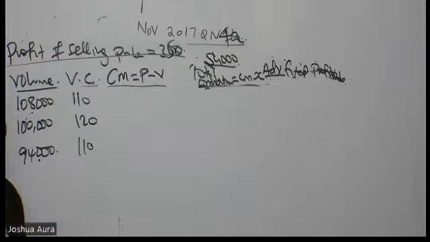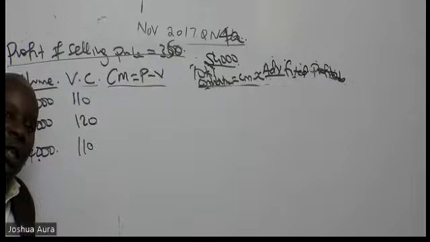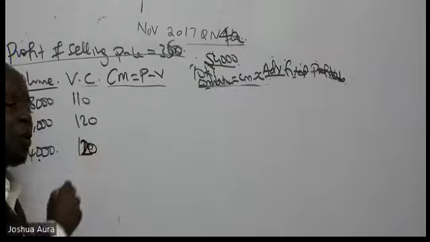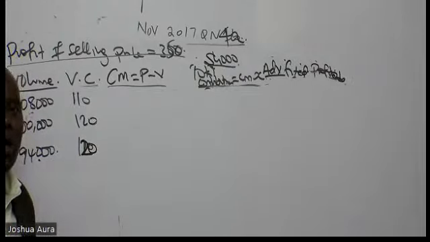You guys are very bright. It's less than 100,000 units. And anytime you produce less than 100,000 units, then the variable cost will be what here? Without any confusion, it will be 120. Thank you so much. You stood your ground.